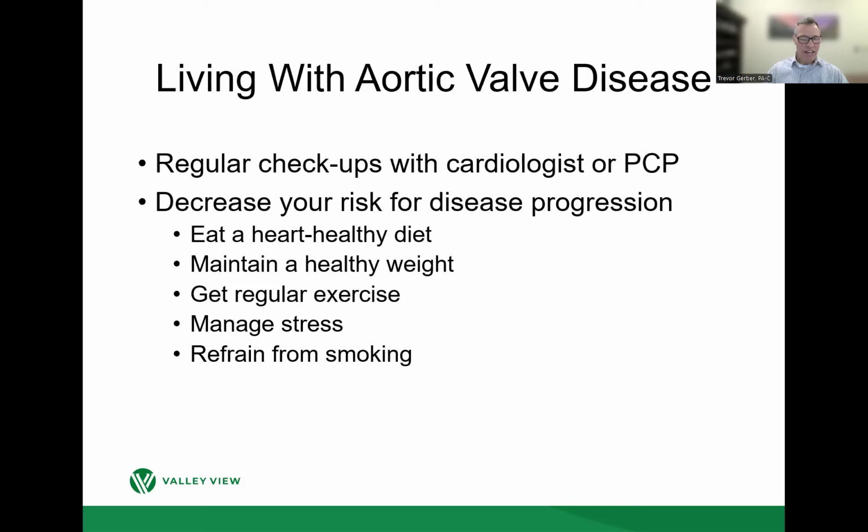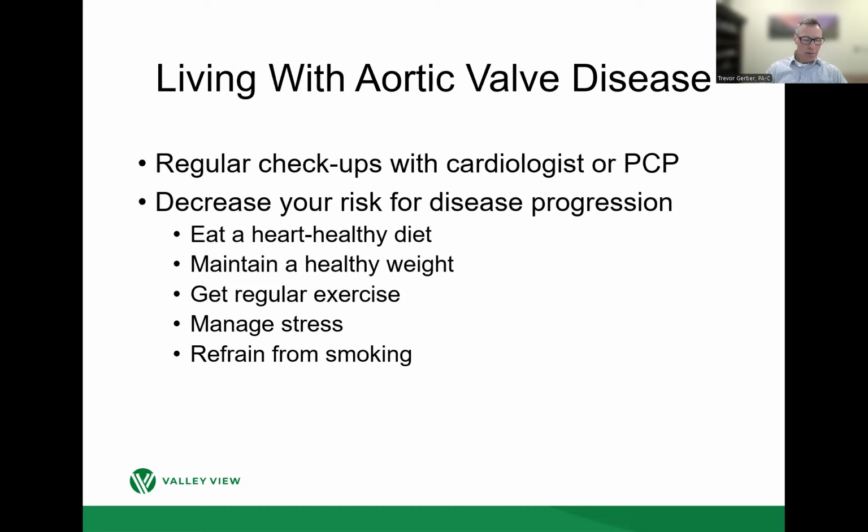It's important to avoid saturated fats, excess salt, and sugar, things we all love. It's wise to maintain a healthy weight and get regular exercise. Aim for at least 30 minutes of moderate physical activity each day. I do recommend you check with your doctor before starting any new exercise regimen.